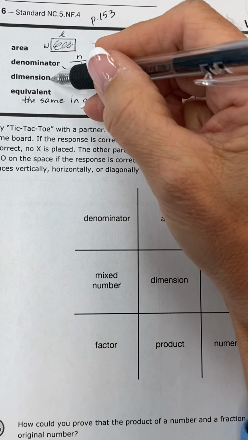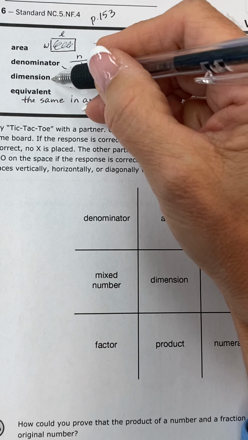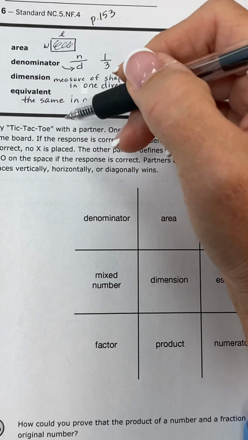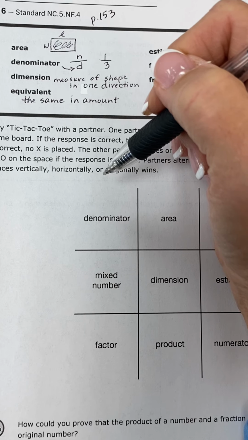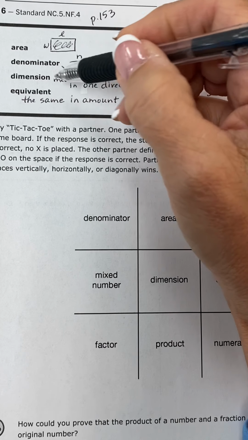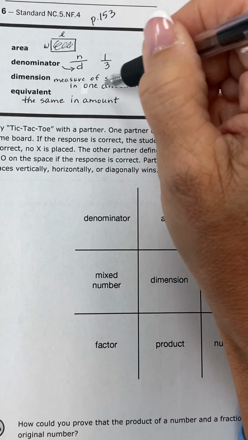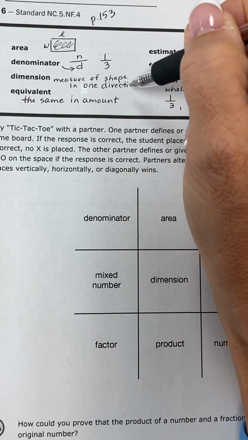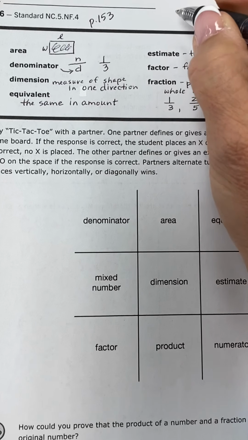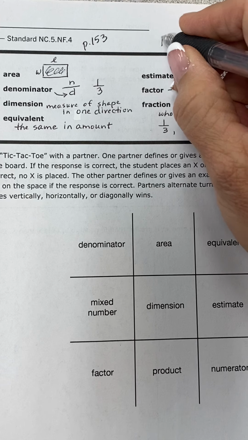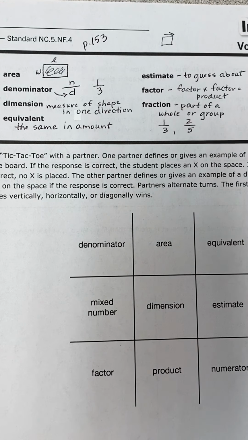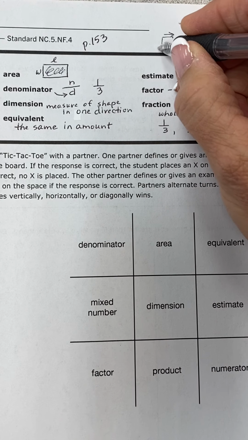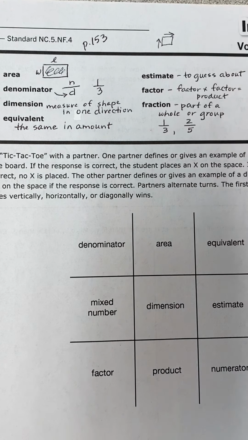Dimension, we've heard of this word when we were talking about volume. Volume has 3 dimensions because it has 3 measures. It has a length, width, and a height, but 1 dimension is the measure of a shape in one direction. So, I guess you could just sketch up at the top if you wanted. You've got 1 dimension could be your length. Another dimension could be the measure of this way, and that's your width.